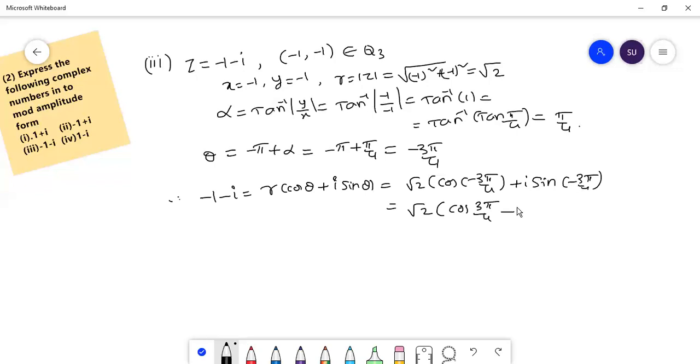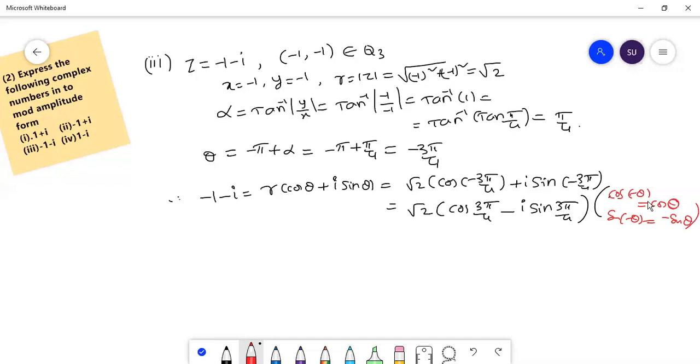Sine of minus theta is minus sine theta, so that minus negative will be affected here, so minus i sine 3 pi by 4. The reason is cos of minus theta is cos theta, and sine of minus theta is equal to minus sine theta.